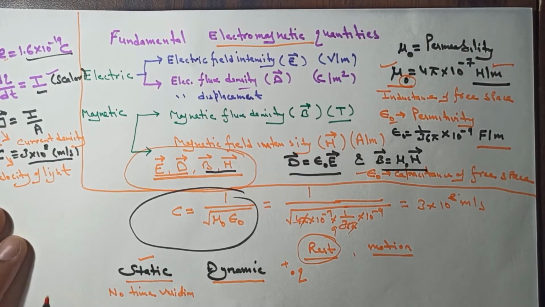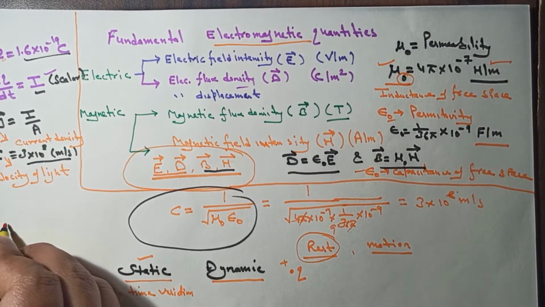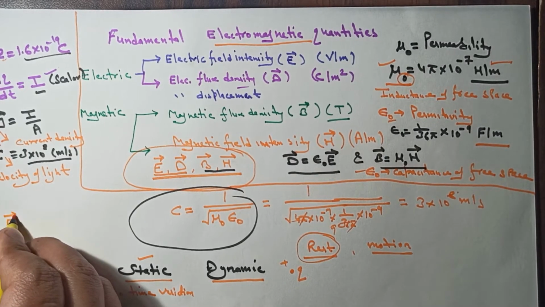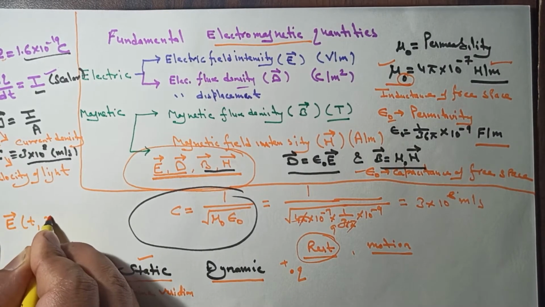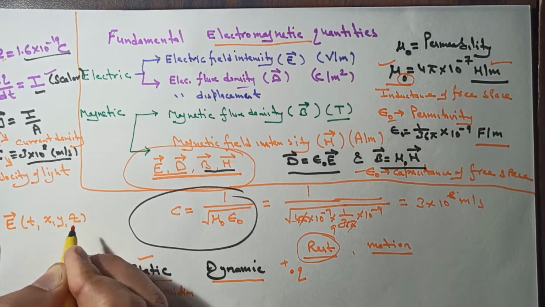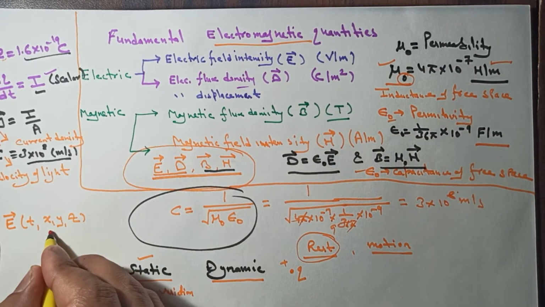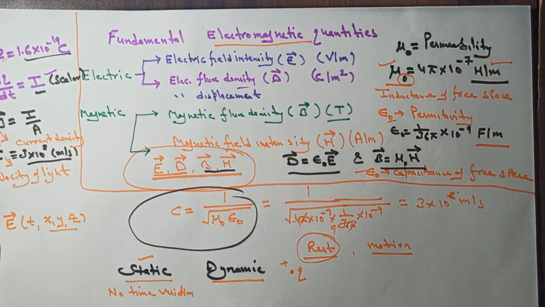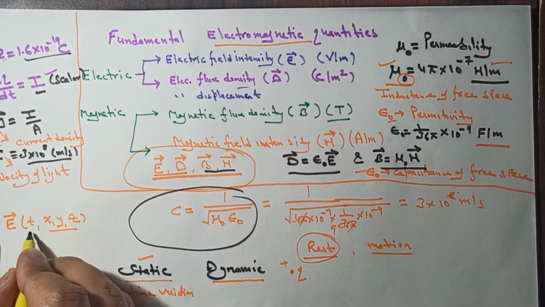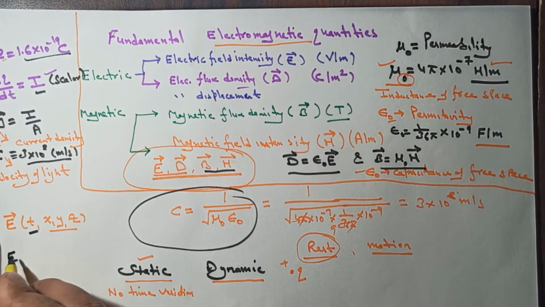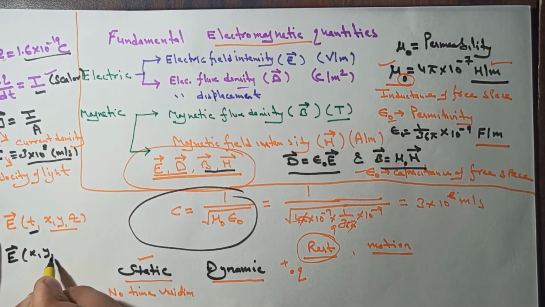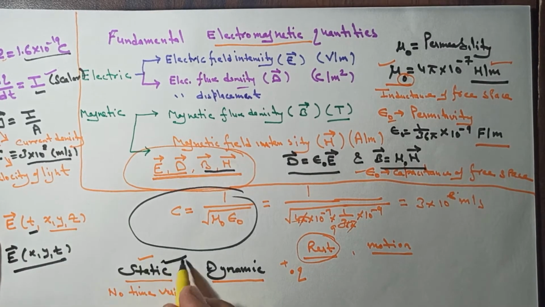We have already discussed that for the electric and the magnetic field we have more than one variable: the time variable and the space variables x, y, z. We have used the simple Cartesian coordinate system. If there is no time variation, only the space variation is left, and that field is called the static field.